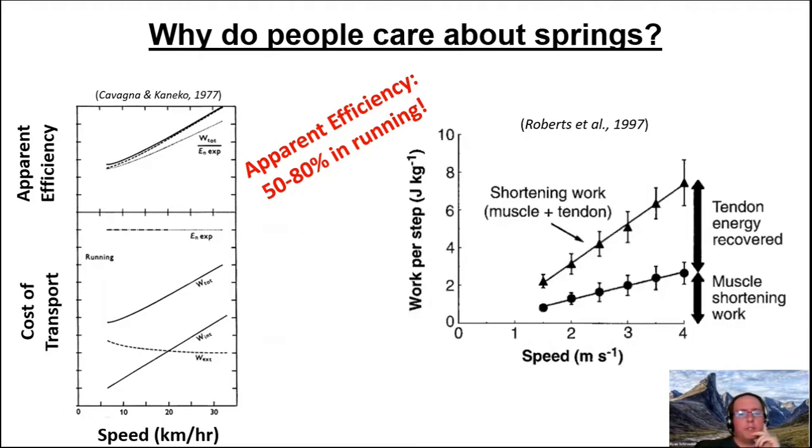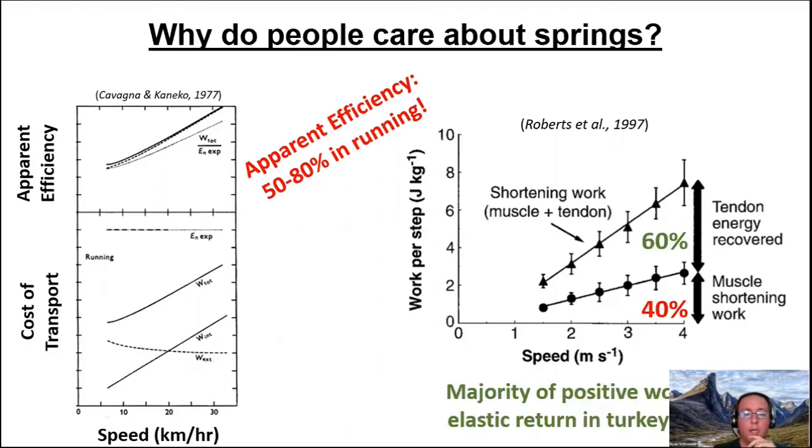Another study, this was by Roberts in 1997, showing the shortening work of a muscle tendon unit in turkeys, basically partitioning the positive work done by the tendon itself, so energy recovered by the tendon, versus the muscle shortening work, positive shortening work.